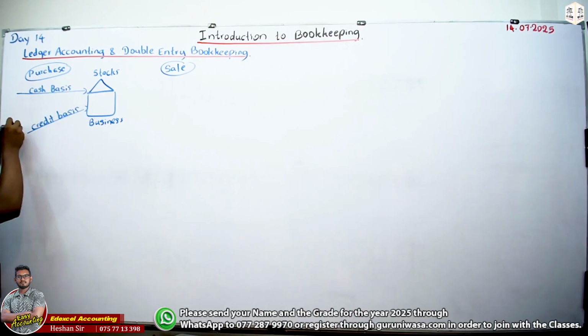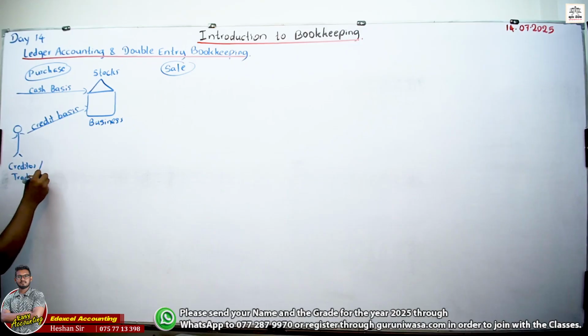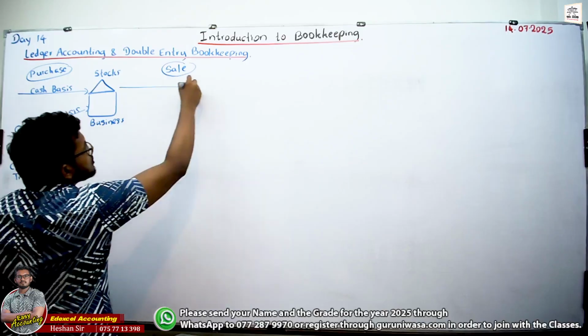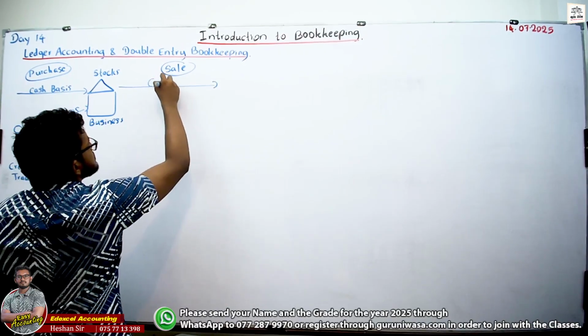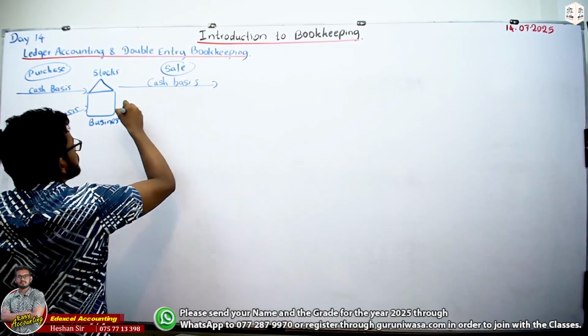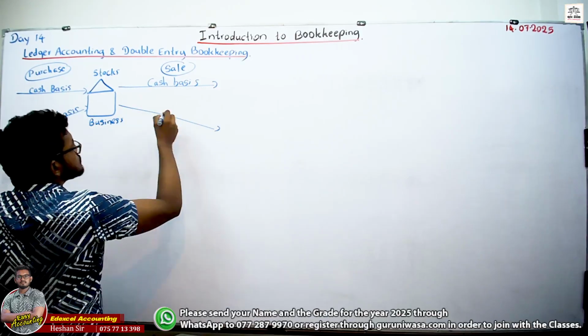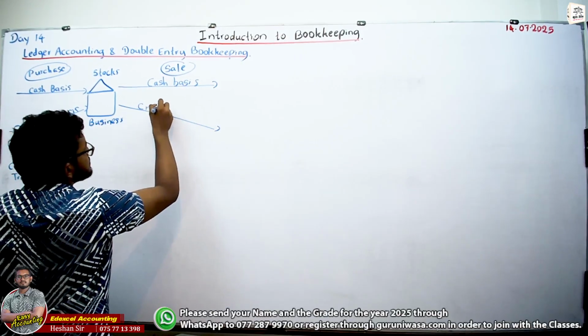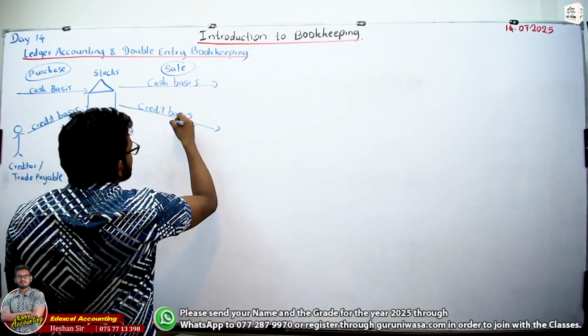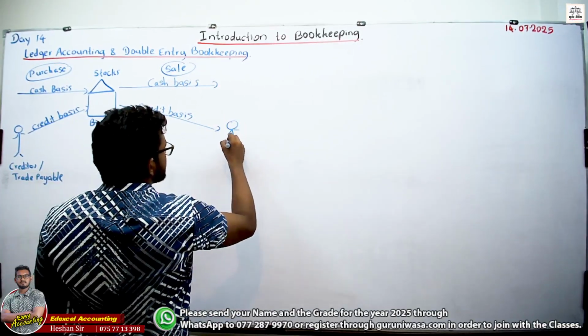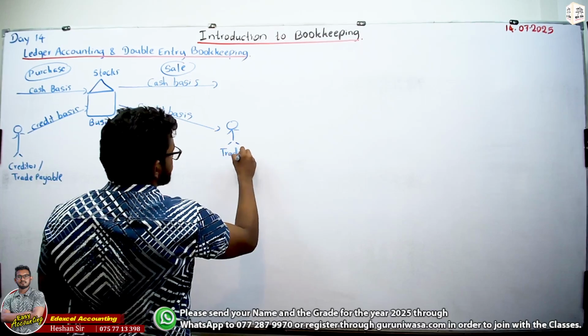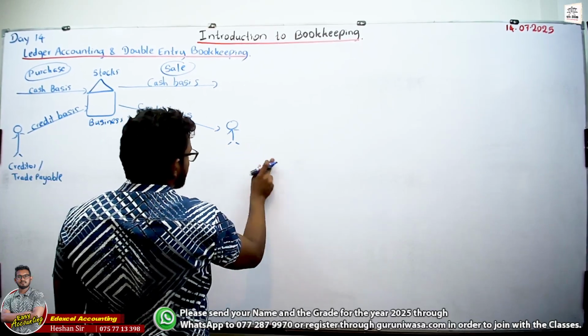When the business purchases goods on a credit basis, the other party we consider a creditor, or in other words a trade payable. The business sells goods on a cash basis and also on a credit basis. When the business sells goods on credit basis, the other party we consider a trade receivable, or debtor.